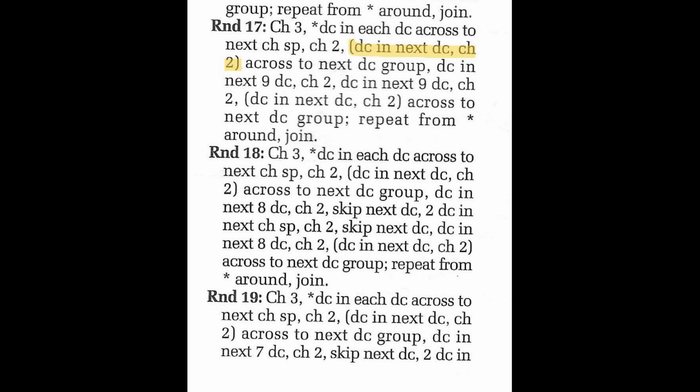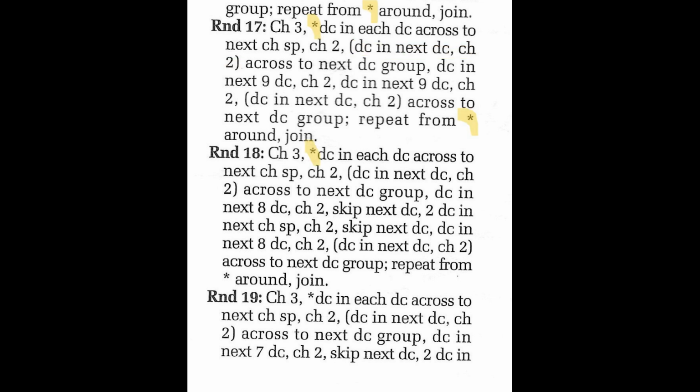In my example here, I have a grouping in parentheses. That usually will tell you that you need to do those particular items together. Oftentimes it'll say something like DC and the next DC or chain 2, and maybe they'll say to do that in the same space.